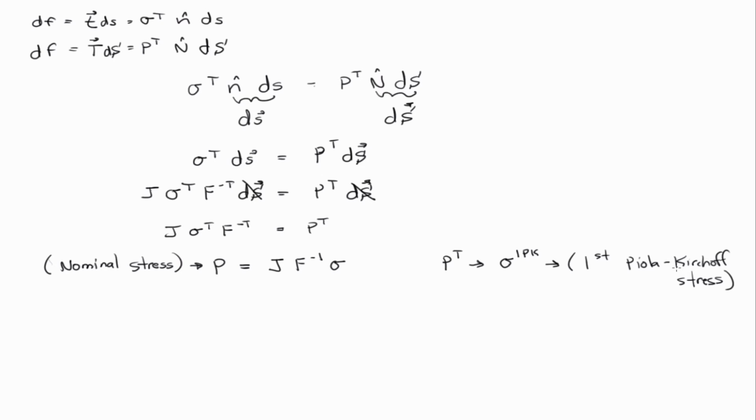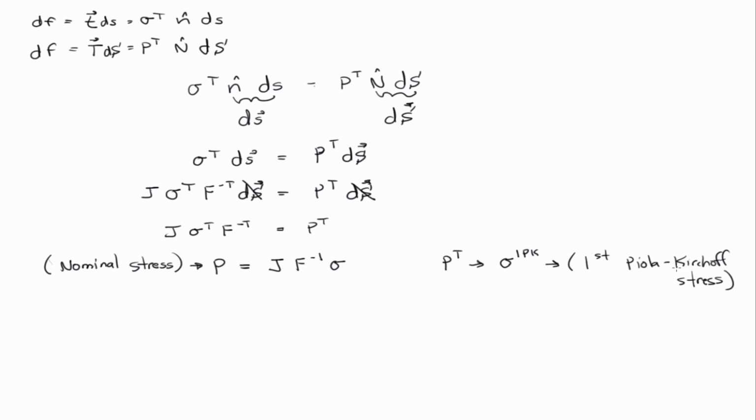So I have a symmetric tensor multiplied by something that's not symmetric. The deformation gradient is definitely not symmetric, and its inverse is not symmetric. What is that going to give me over here? Something non-symmetric. So both the nominal stress and the first Piola-Kirchhoff stress are non-symmetric.